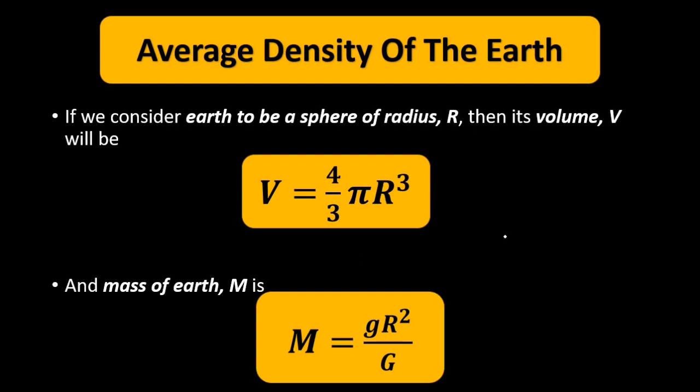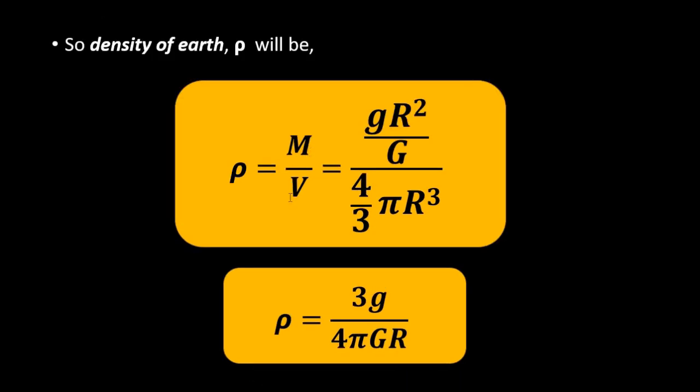Density is simply mass by volume. Mass of Earth is small g, capital R square by capital G. Volume of sphere will be equal to 4 by 3 pi R cube, where R is the radius of Earth. So density will be equal to mass by volume.